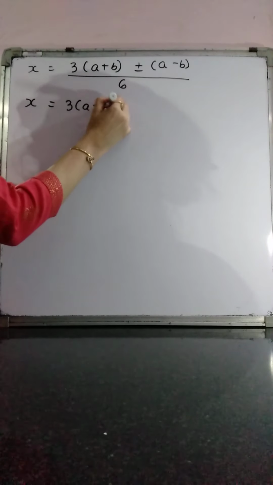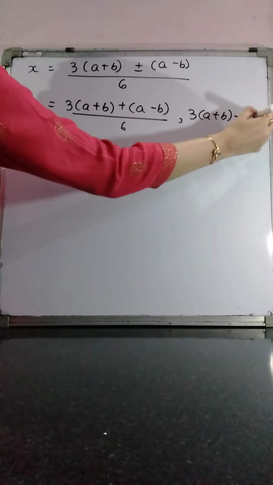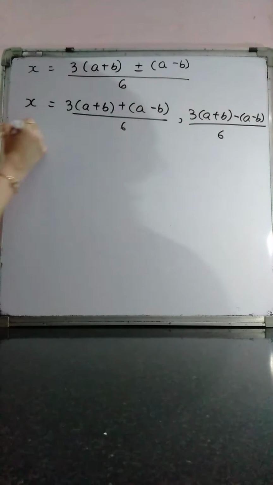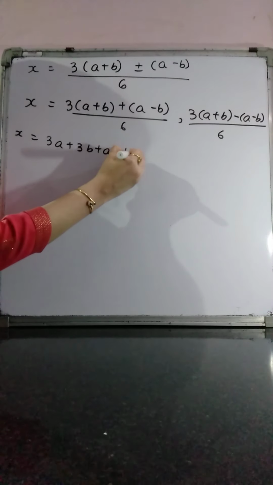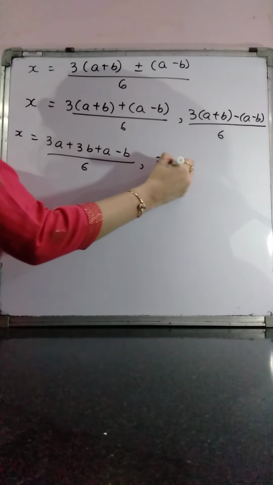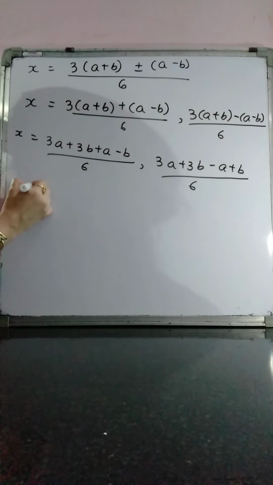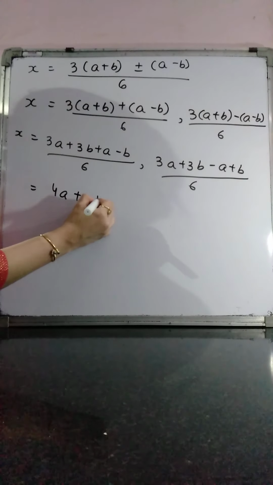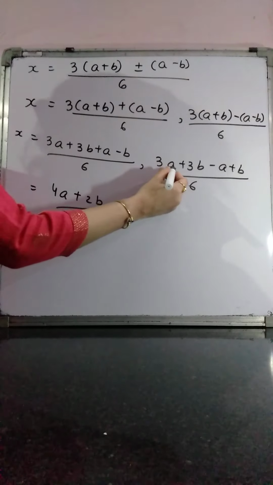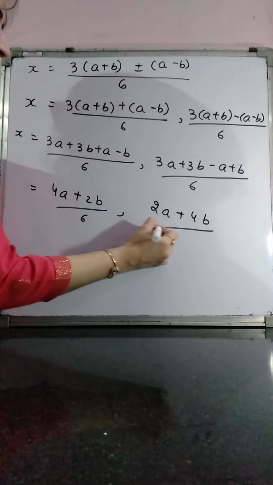Once take plus and then minus. 3a plus 3b plus a minus b by 6, 3a plus 3b minus a plus b by 6. 3a plus a is 4a, 3b minus b that will be 2b. 3a minus a twice of a, 3b plus b 4b.